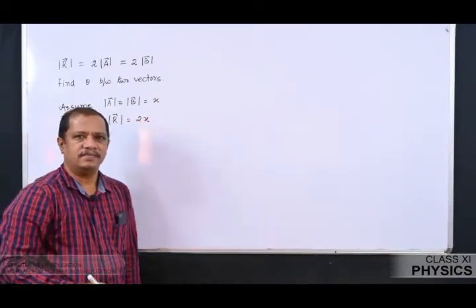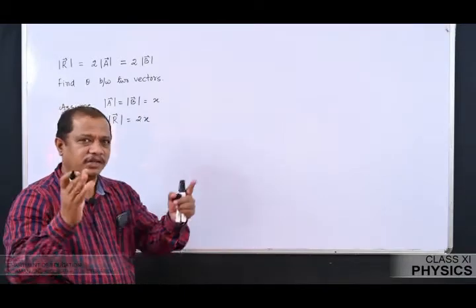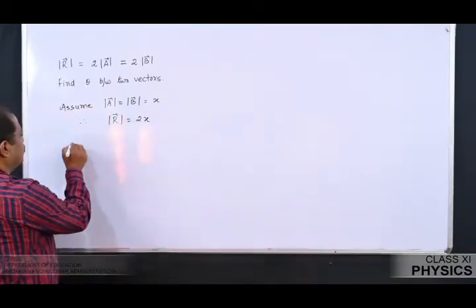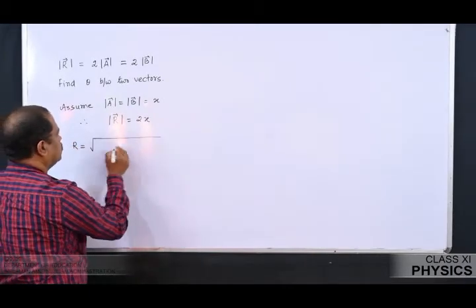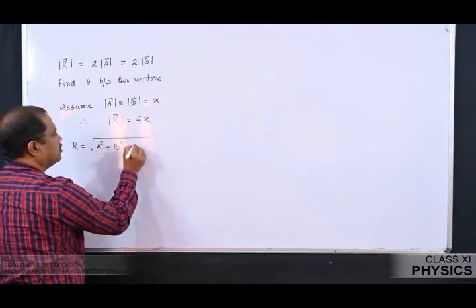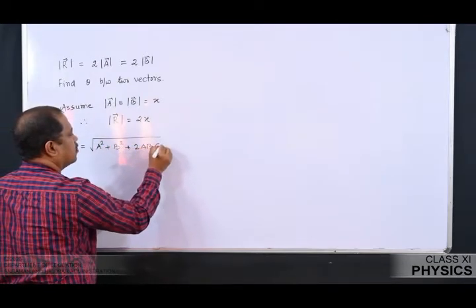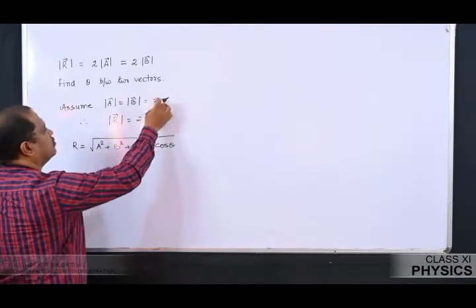We have studied the analytical formula for calculating the magnitude of the resultant vector. The general formula we got like this: R was equal to root of A square plus B square plus twice AB cos theta. Now I am going to substitute these magnitudes.